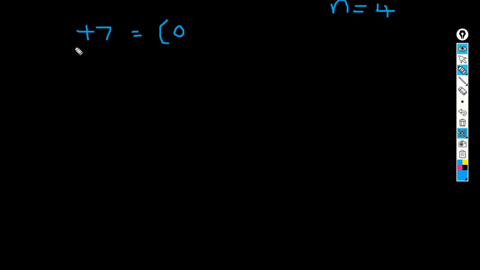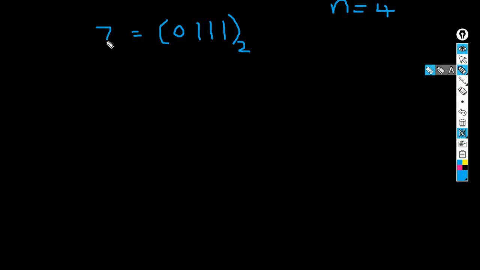The remaining n minus 1 bits, that is 3 bits, represent the magnitude of the number, that is 111. In this way, plus 7 in signed binary using two's complement approach is 0111 to the base 2. Now let's see the negative case of minus 7.